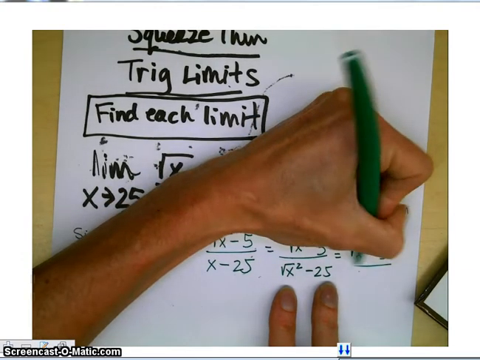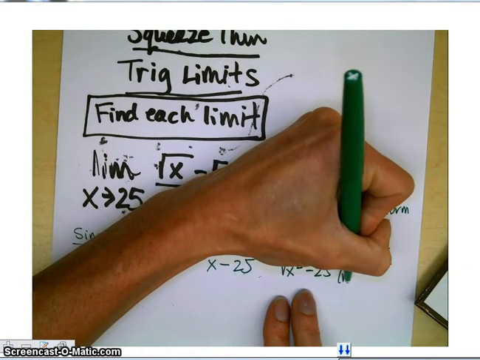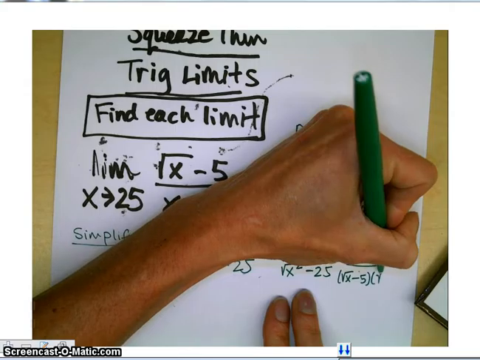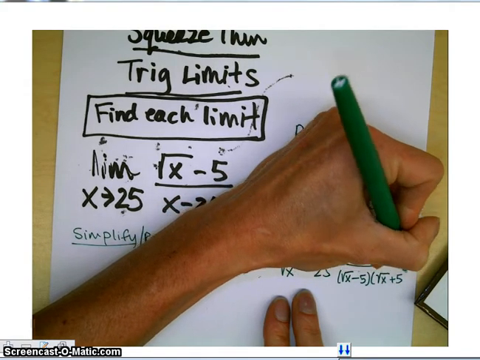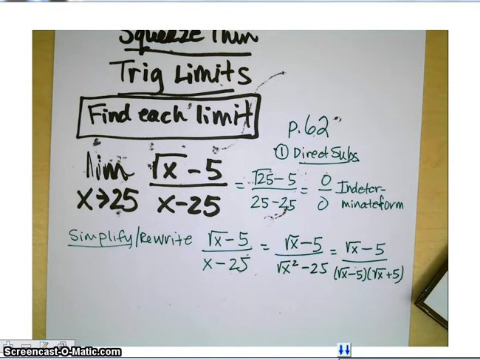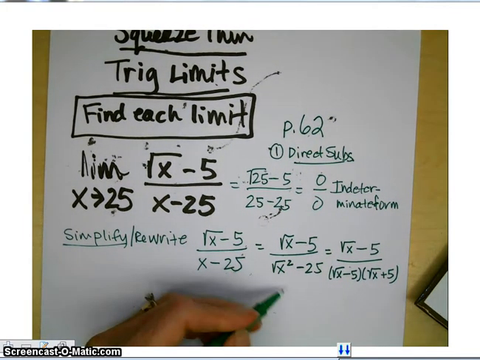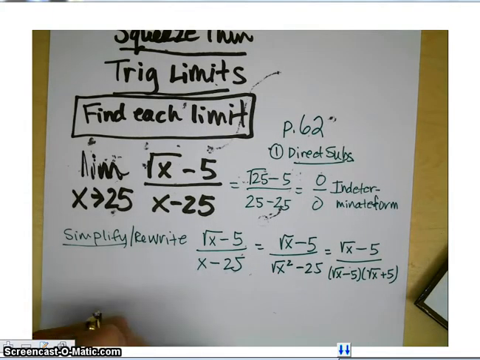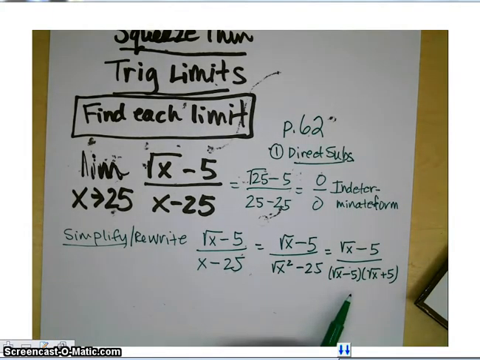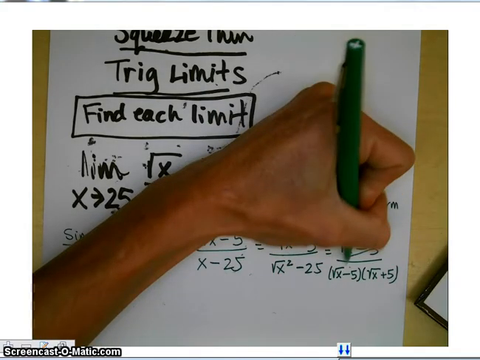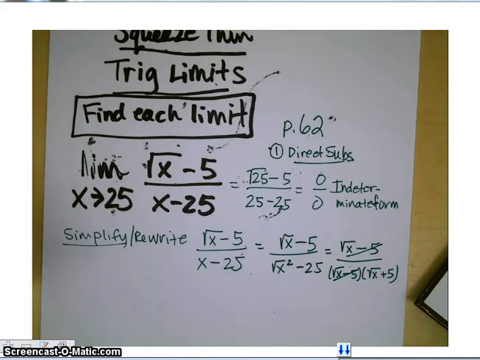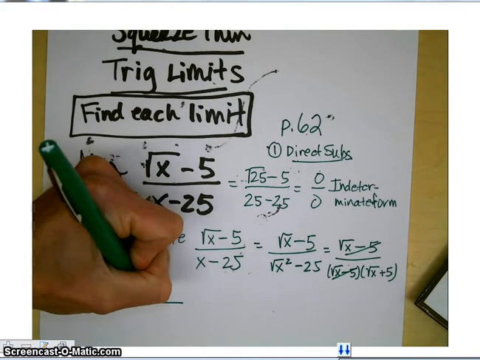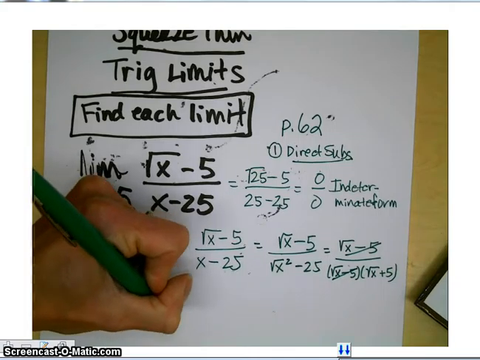Then I could factor it as the square root of x minus 5 and the square root of x plus 5. Because isn't the square root of x times the square root of x, x? And then what's going to cancel here? The square root of x minus 5. So the function I actually have now is 1 over the square root of x plus 5.